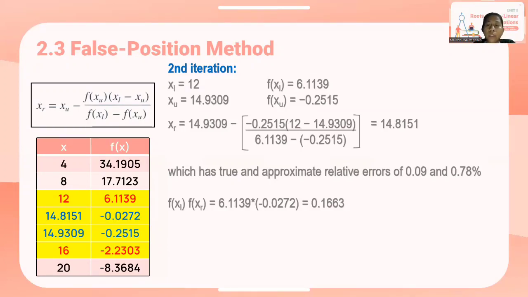XR equals 14.8151, which has true and approximate relative errors of 0.09 and 0.78%.